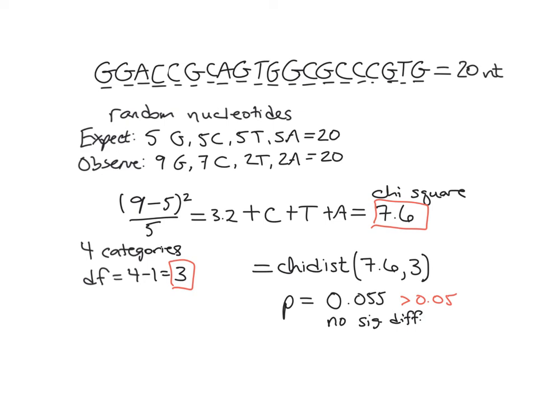So there's still a chance, if we wanted to support the hypothesis, that these really do come from a piece of DNA that has a non-random DNA distribution. But the chi-square test tells us that it's really unlikely, given what we've observed, that that's true. There's no significant difference between the expected and the observed values.